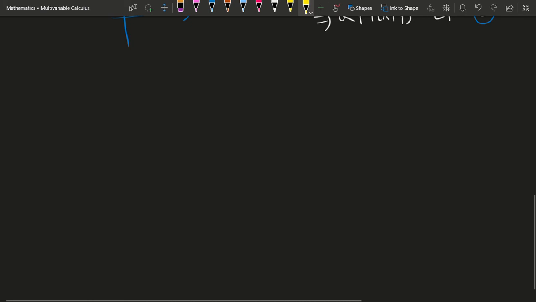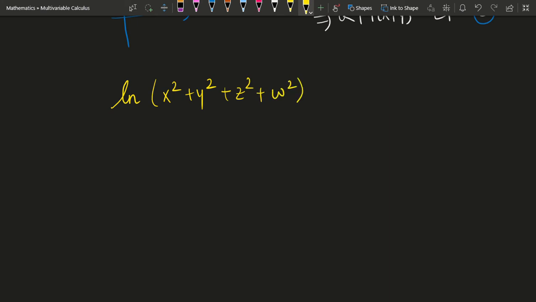So let's say you had a function natural log of x squared plus y squared plus z squared plus w squared, and you wanted to calculate the limit as x, y, z, and w approach 0, 0, 0, 1.